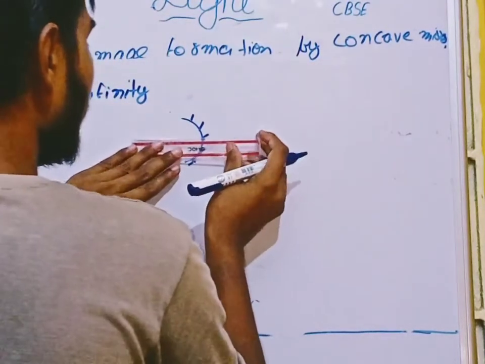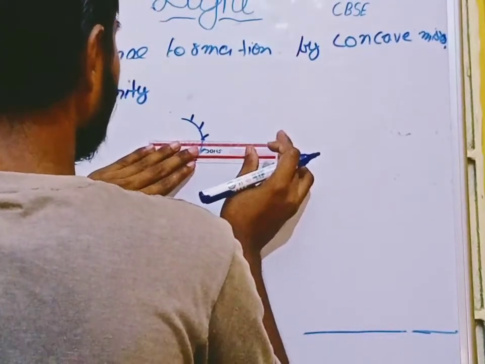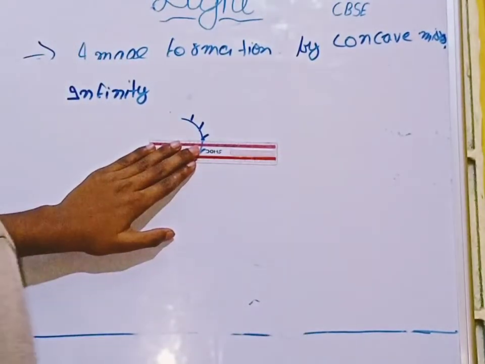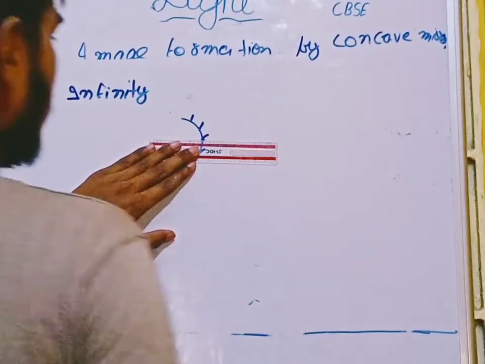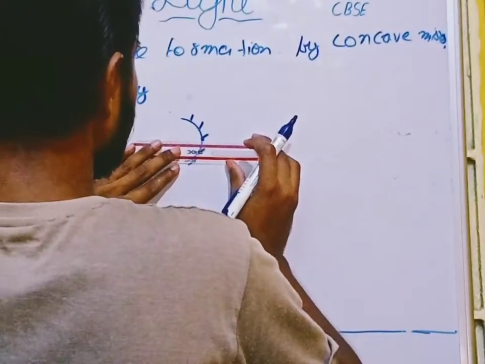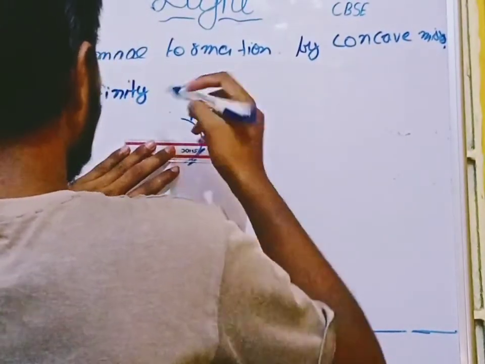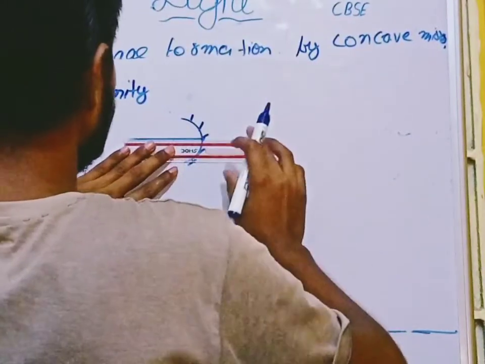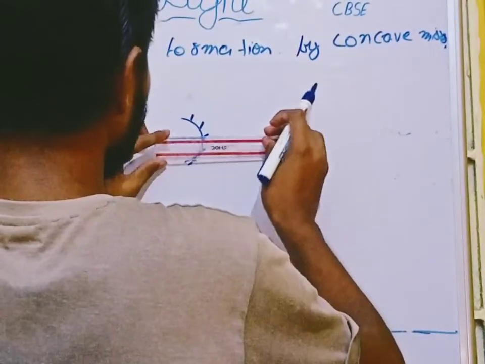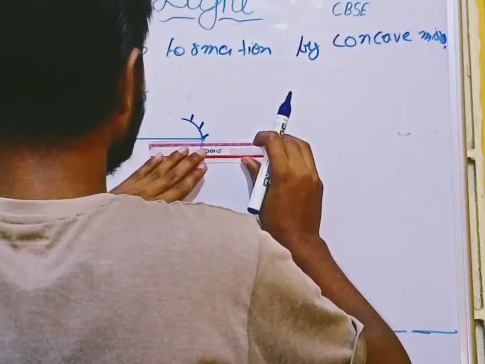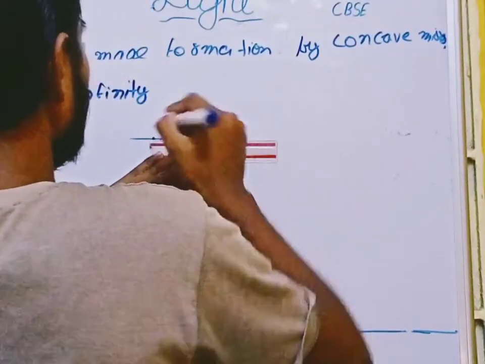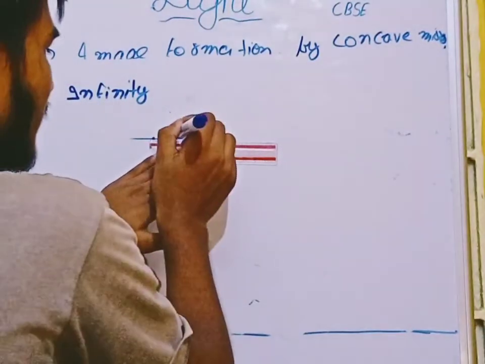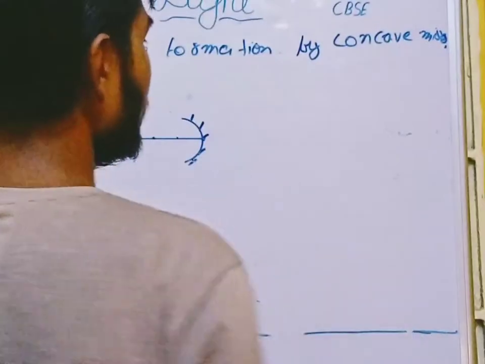Now draw. I take the center of curvature as 6 centimeter. This is a line. Then the focus is going to be at 3 centimeter.